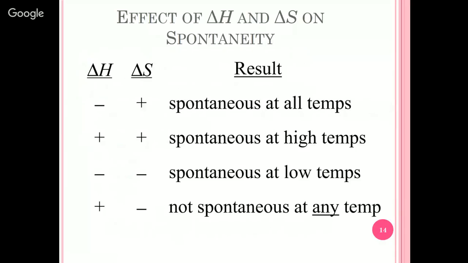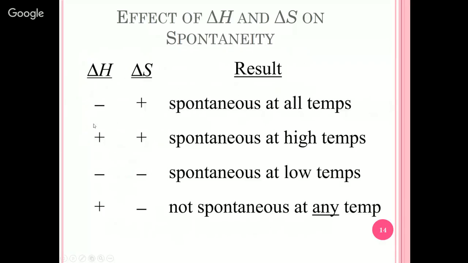So how do the signs of delta H and delta S affect our delta G? So if something is exothermic and increases entropy, right? Exothermic means we're increasing the entropy of the surroundings. Here we have a positive value for the entropy of our system. So this is spontaneous at all temperatures.